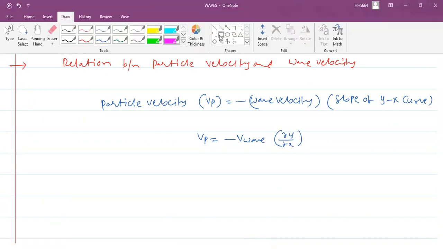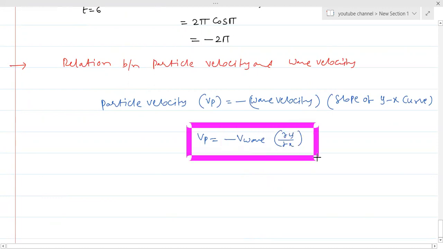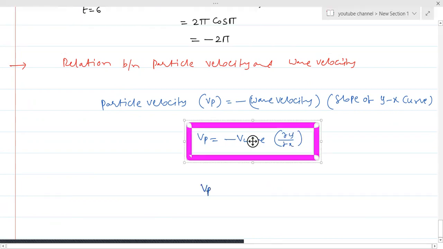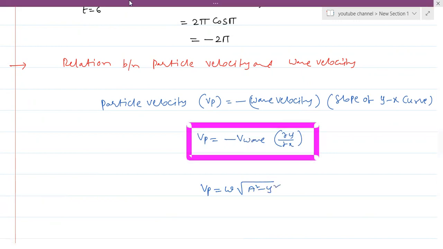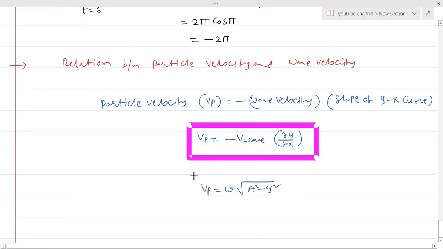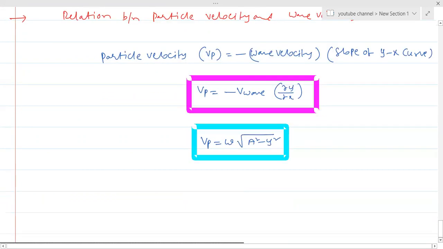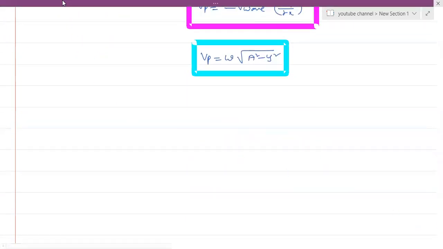So when we have the equations of y and x, we will calculate the velocity of the particle like this. Or otherwise, we know that the particle will execute SHM while the wave is propagating. So we will use the SHM principles also. Sometimes when there is a need, we will use the SHM principles. Vp equivalent to omega into root over a square minus y square.